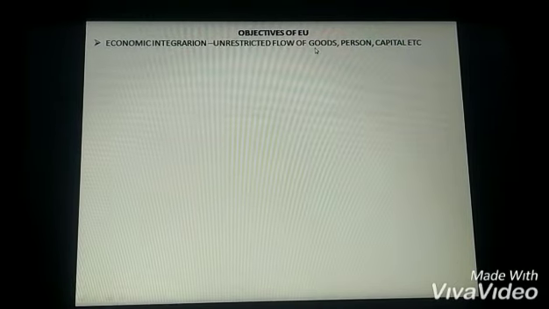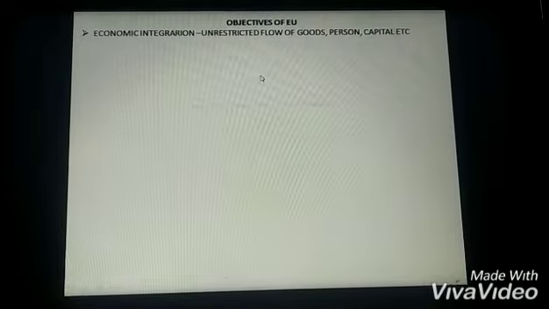There won't be any restrictions on the flow of goods, people, and capital, the money. There should be good cooperation between the member countries, so that there is good communication and economic integration among the member states.